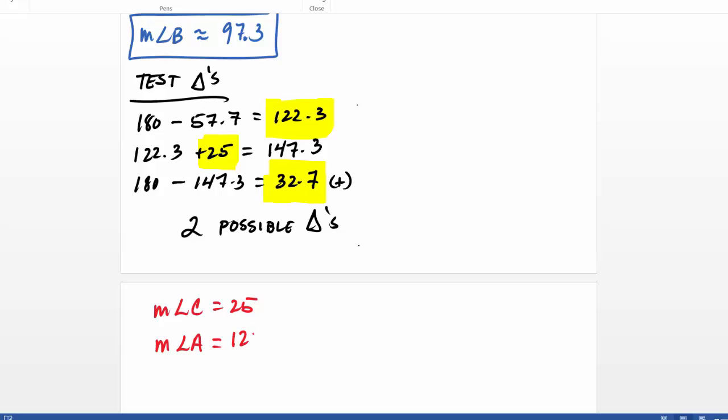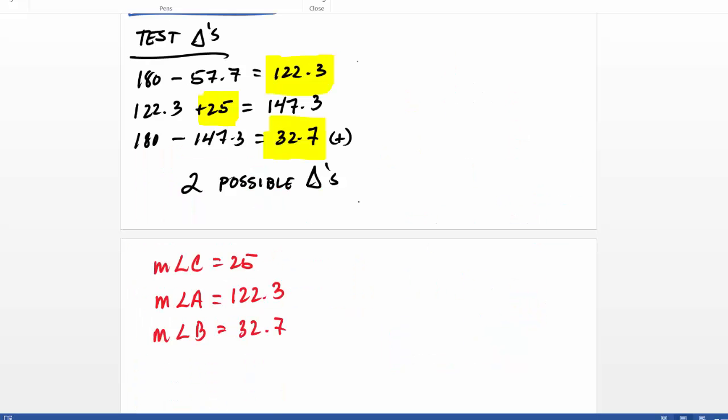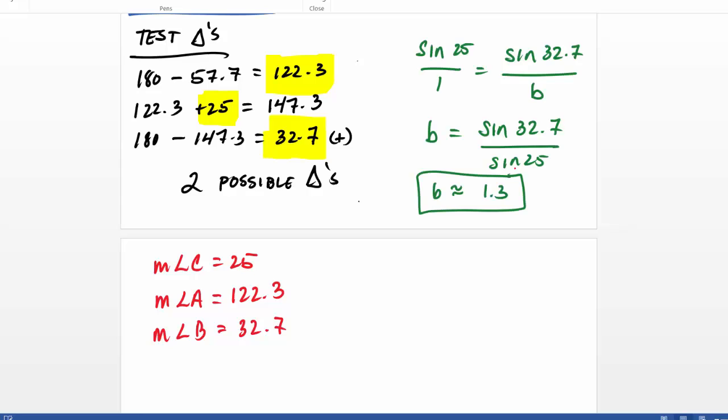So angle A is going to be 122.3 degrees, thus leaving us for angle B the 32.7 degrees. So by testing those different angles, I found the other possible triangles here. What this allows me to do is, I was already given two sides in the original part, and now that I found two different possible angles for angle A and angle B, now I just need to find side B. So let me go ahead and do that for you. And now what we found is that the new possible length for side B is about 1.3.